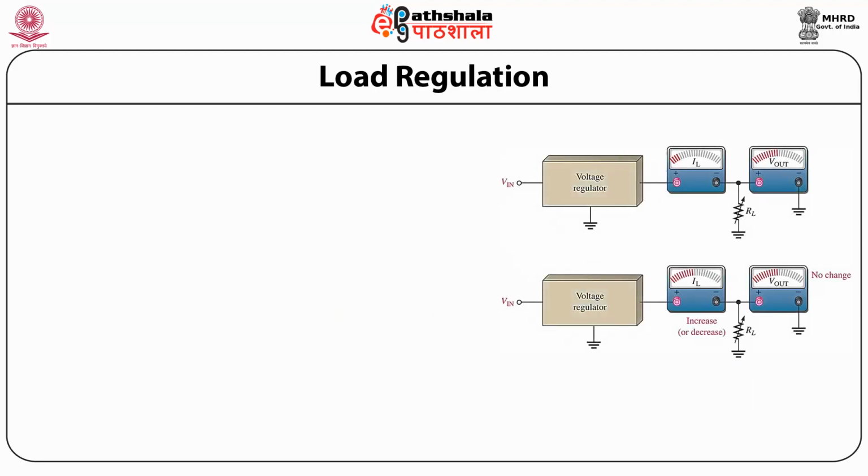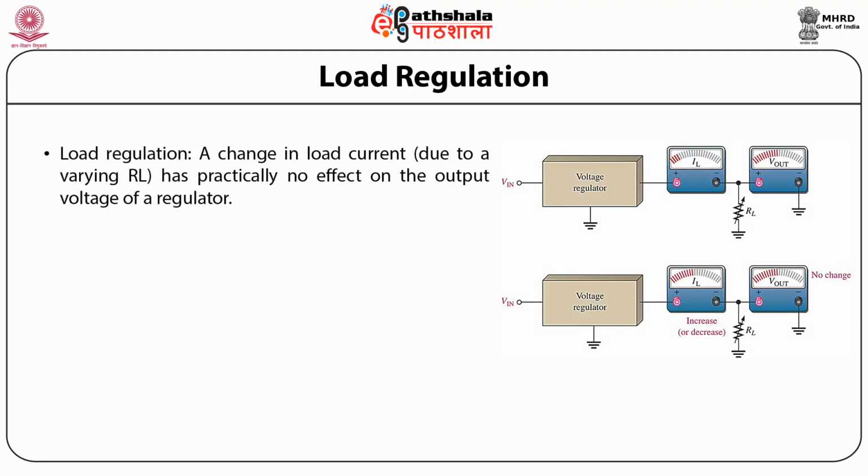The second type is load regulation, which is schematically shown in this figure. Load regulation means that a change in the load current due to varying RL has practically no effect on the output voltage of a regulator.